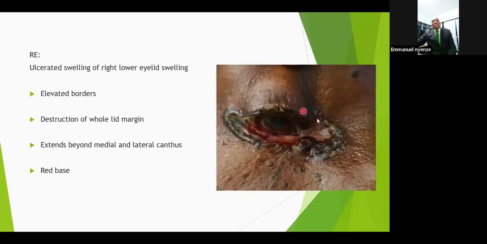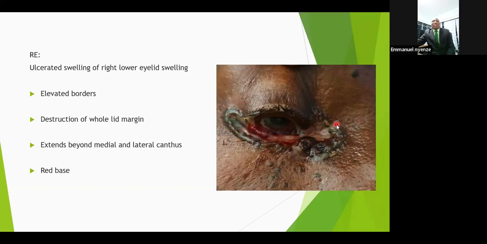So when the patient came, we saw a patient with a lower lid lesion, which was ulcerated. It was the whole extent of the lower lid. The lid margins were totally damaged. The lesion extended to the medial canthus in a big way, and the lateral canthus was also affected.